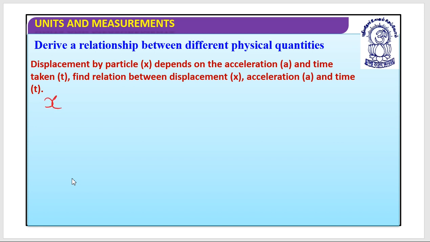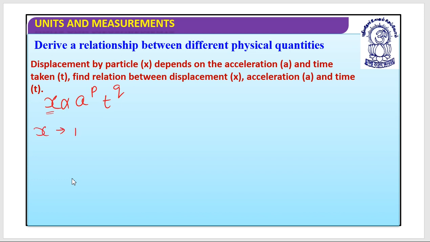This depends on acceleration a and time t. Here only two variables are there. I have given acceleration a to the power p, and time t to the power q, and I need to find out the relation between these three quantities. Now let's do it quickly.